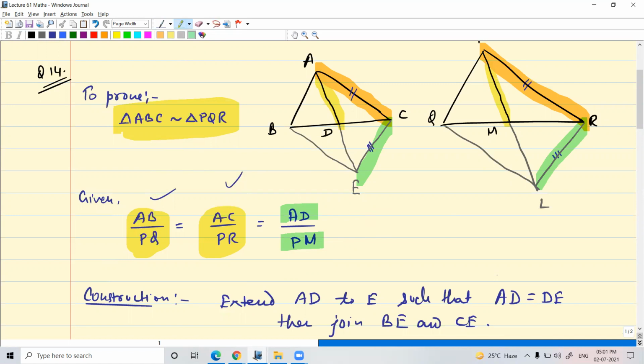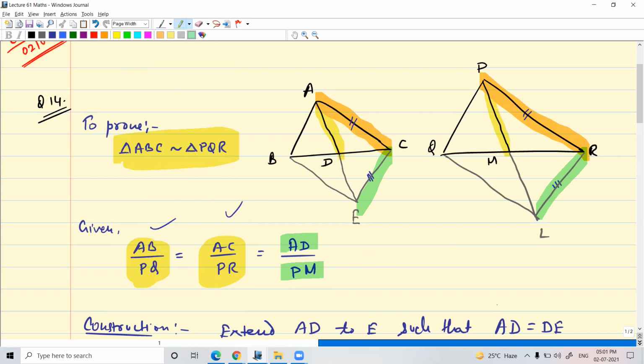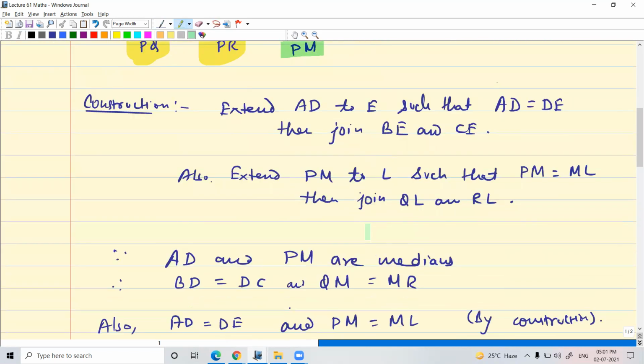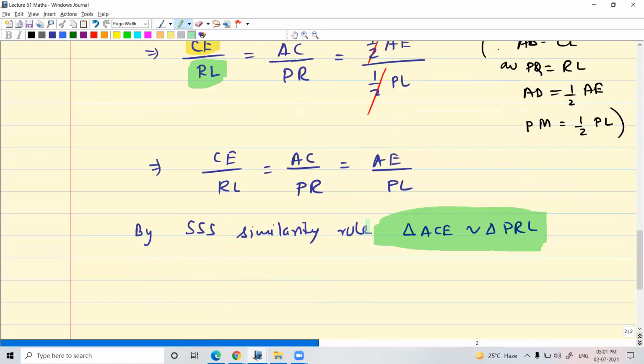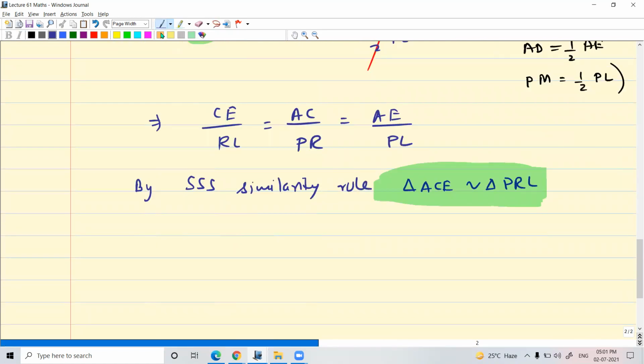If that is the case, what will happen? Angle CAE will be equal to RPL, right? So by CPCT, what can we write?